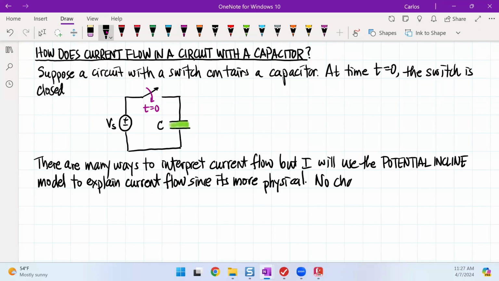No charge can pass through the dielectric of the capacitor.